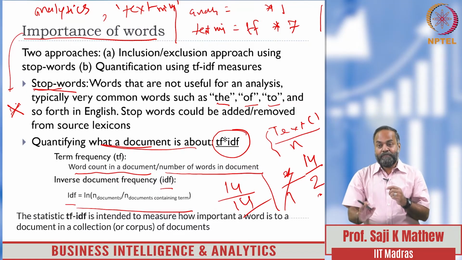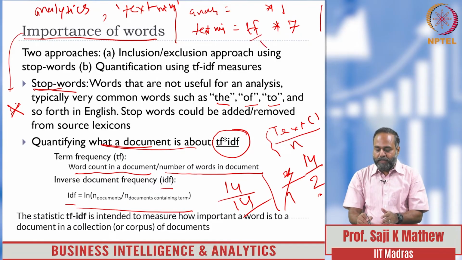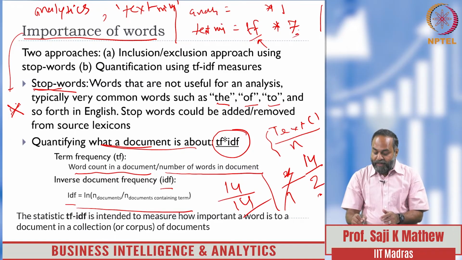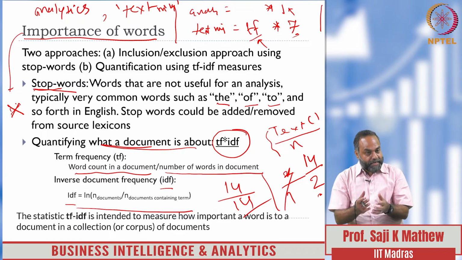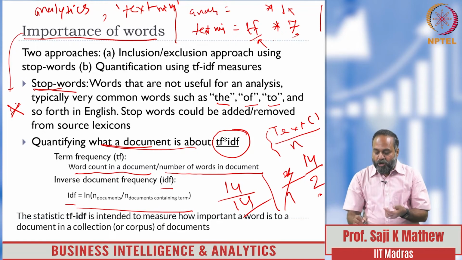If that word is very important in text mining, then it will be repeating, and TF will have a high value. 7 is a high value compared to 1, and that is getting a lot more weight.